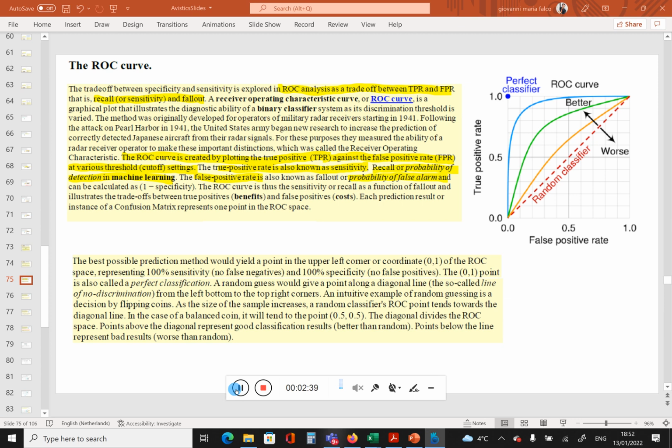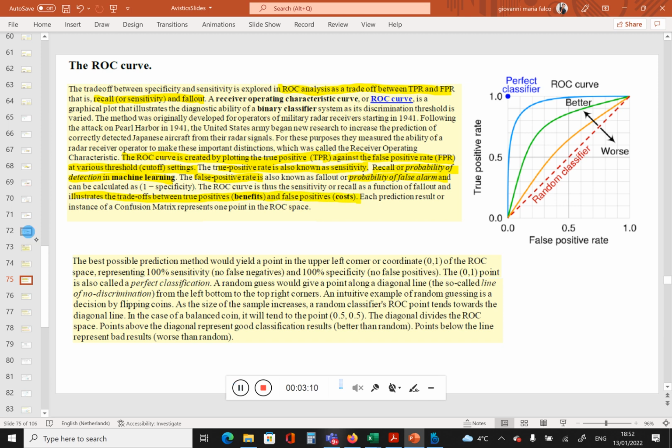So what we have to do is, for different values of the cutoff, make a prediction and get a point in this diagram, by calculating for each value of the cutoff again the confusion matrix and then the true positive rate and the false positive rate. The final function that you obtain illustrates the trade-off between true positive benefits and false positive costs.